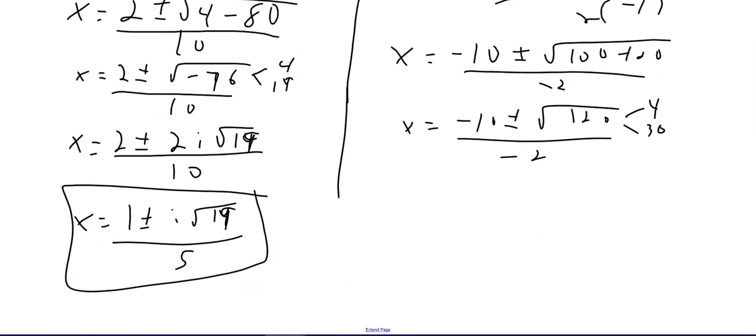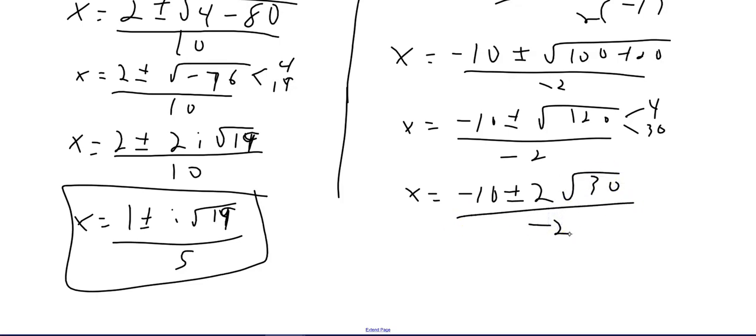So that's it. So that leads me to x equals negative 10 plus or minus square root of 4 is 2. Square root of 30 all over negative 2. And since they're all even, I can get rid of the negative also. So I can divide by negative 2 and get negative 10 divided by negative 2 is just 5.